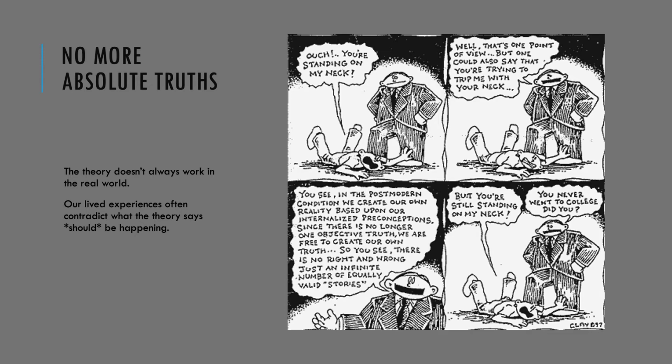Our lived experience often contradicts what the theory says should be happening. The theory says, and the laws say, that there is equality. But the reality is that people's attitudes and ways of living have not entirely caught up with that.